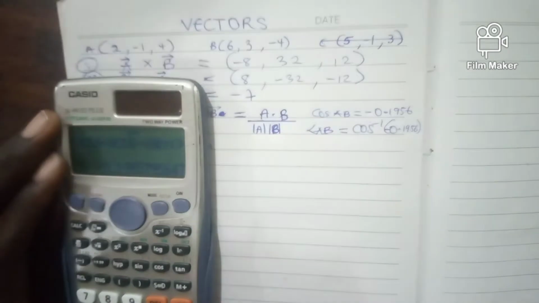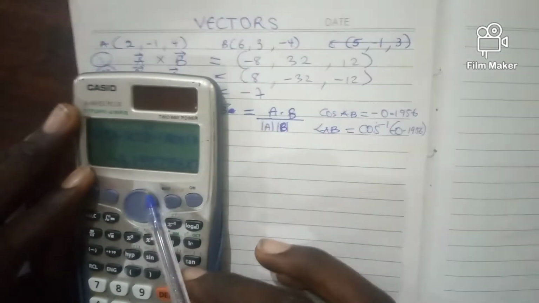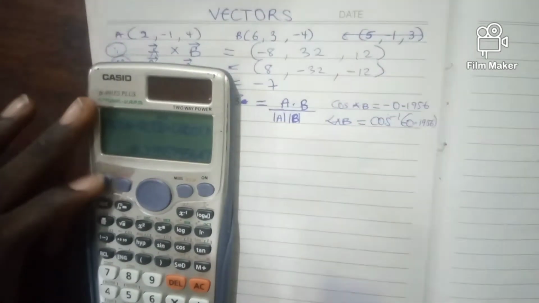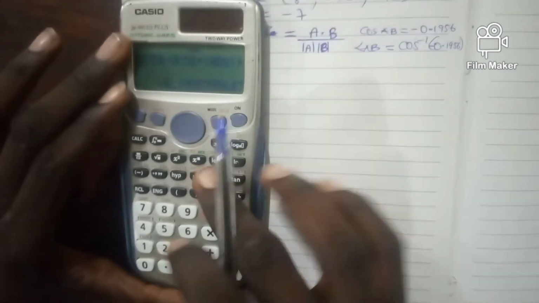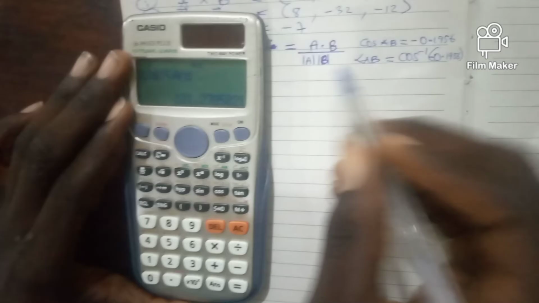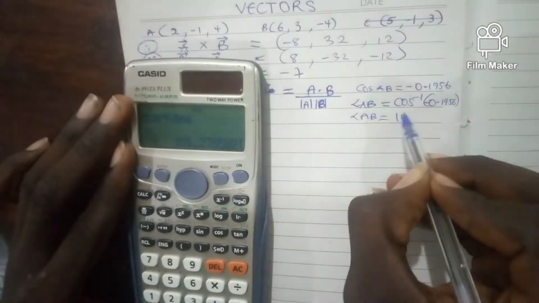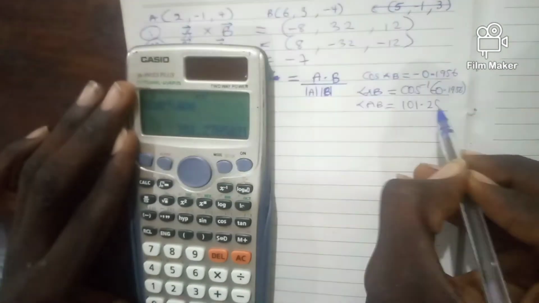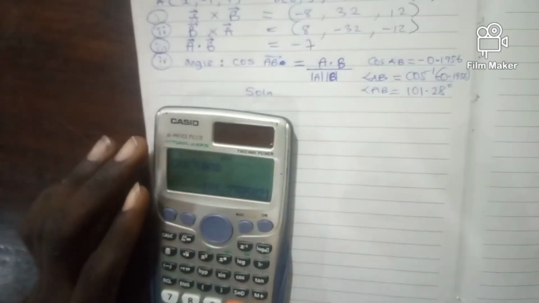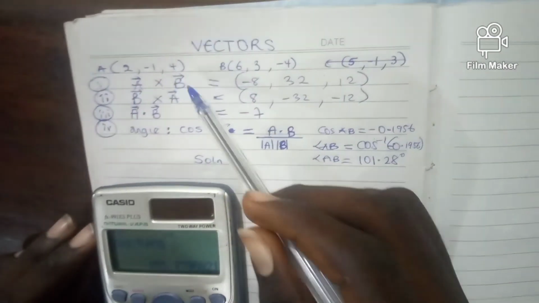Since we have our answer as minus 0.195579, we don't need to clear this again. We just say shift cos of our answer. Therefore, our answer for the angle between A and B is equal to 101.28 degrees.